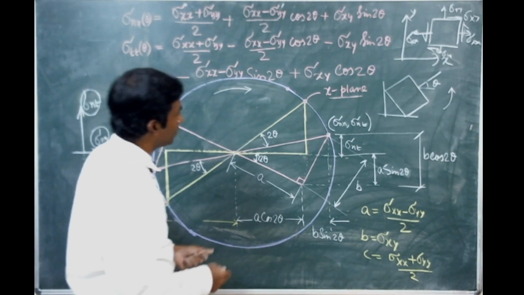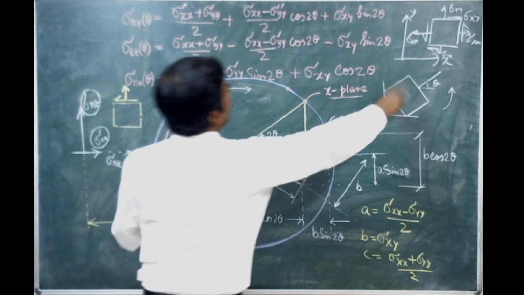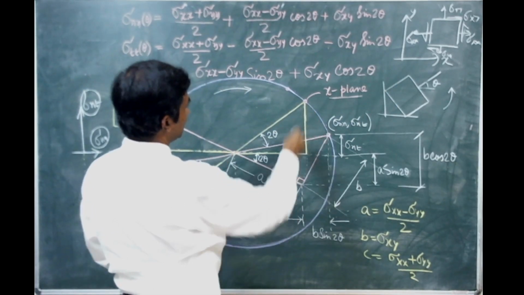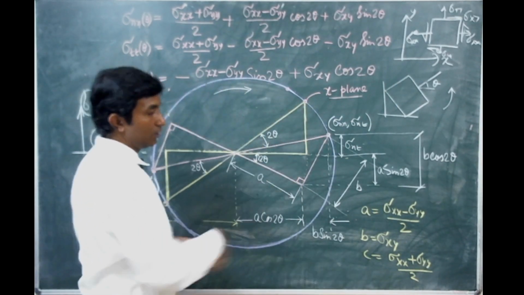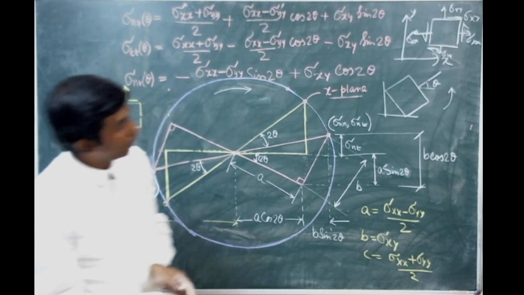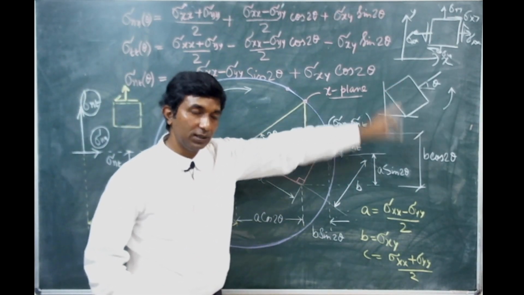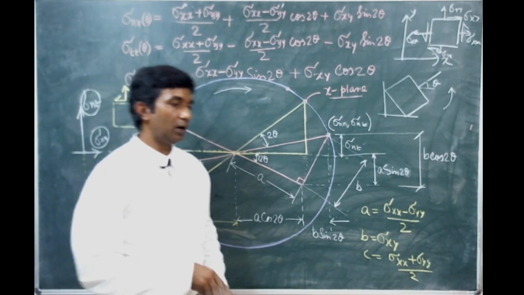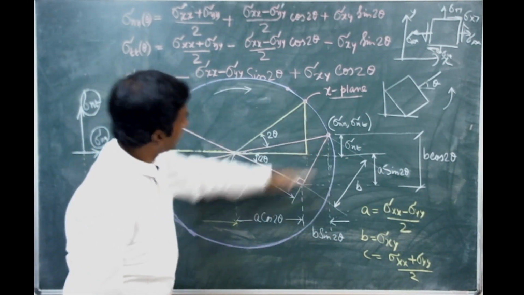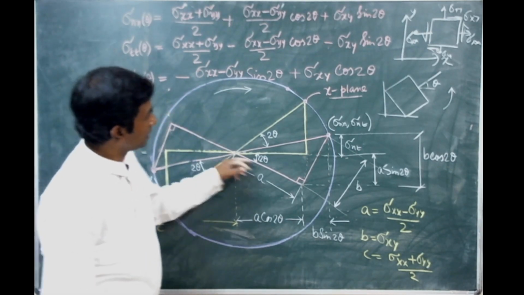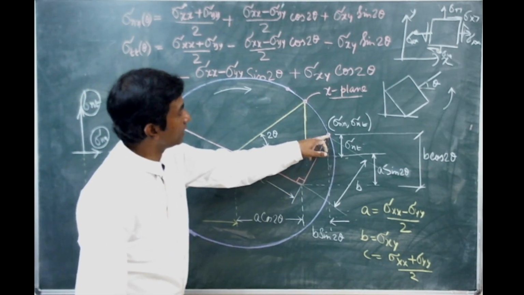Now we rotate by theta. So this triangular block is rotated. I said that on the Mohr circle, the rotation is in the clockwise direction, whereas for the actual block, you consider anti-clockwise rotation. If you rotate by 2 theta, you arrive at this point.